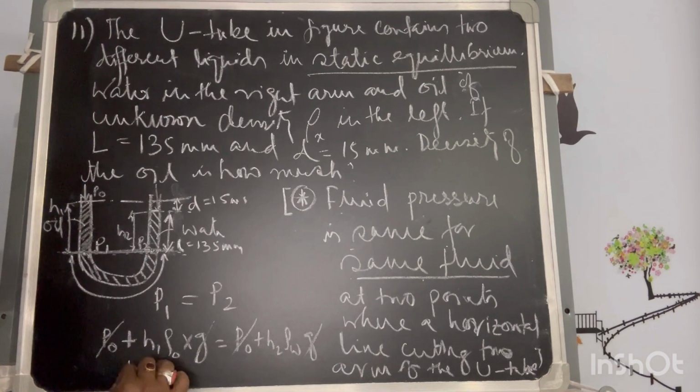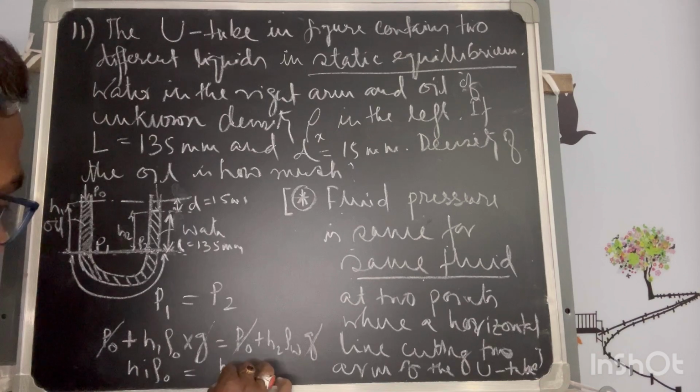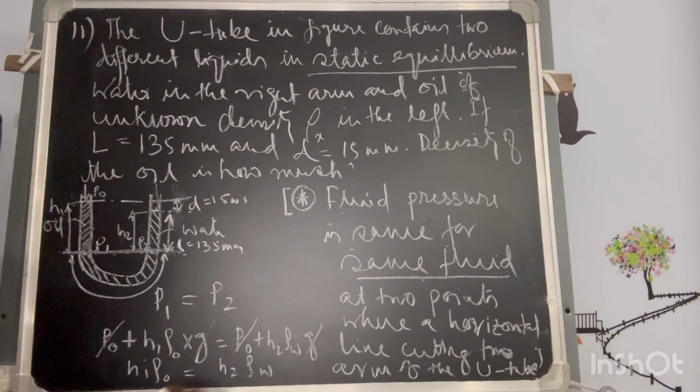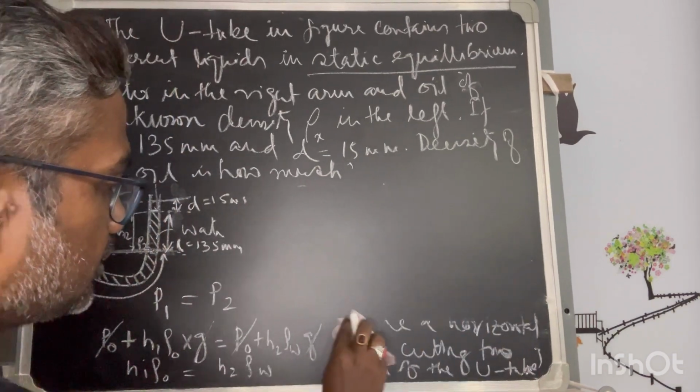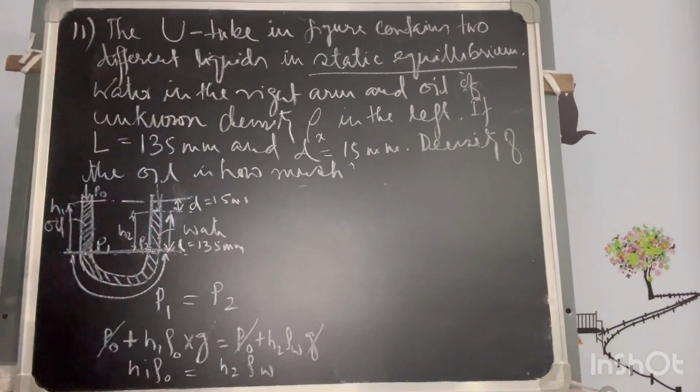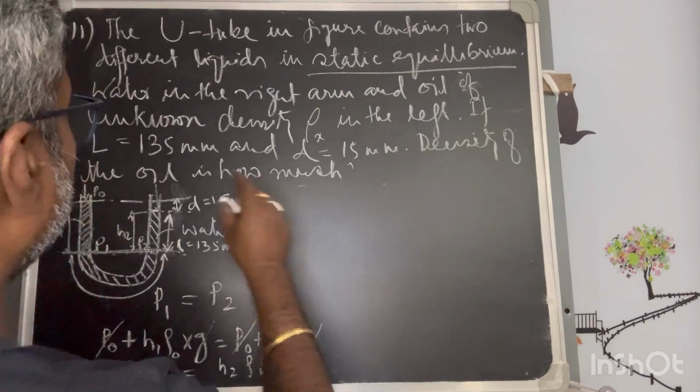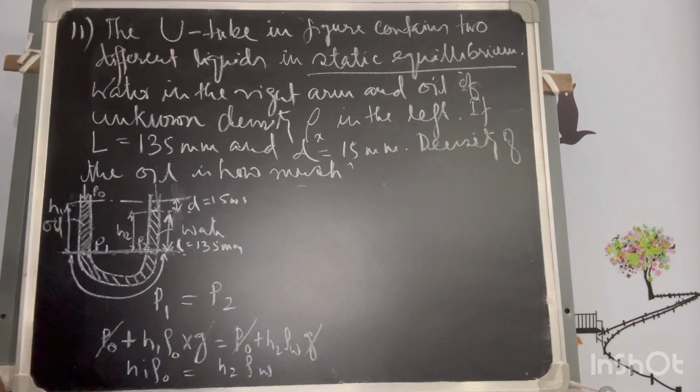So what is remaining? H1 into density of oil, equal to H2 into density of water. This is the thing remaining. Now I'll rub it out because I understand you have read it well. Now, what is H1? How will you get it?